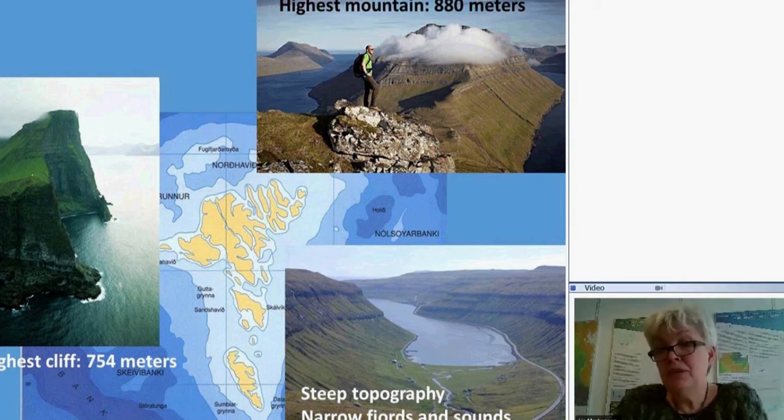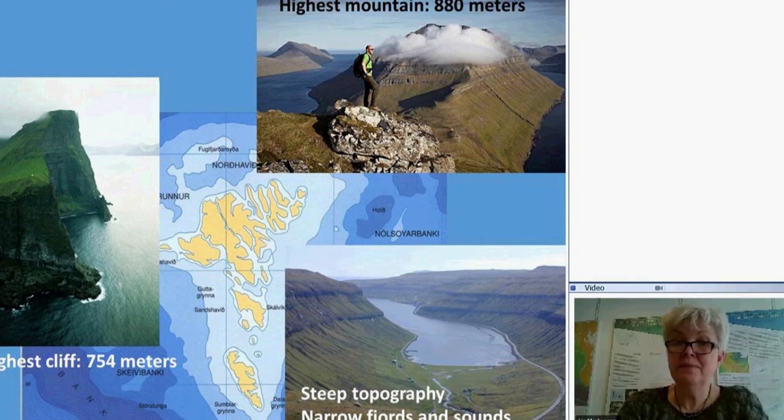The highest mountain we mentioned earlier is about 880 meters high. And we see again this picture of the typical landscape of a fjord and a valley with steep topography and narrow fjords and sounds between the islands.